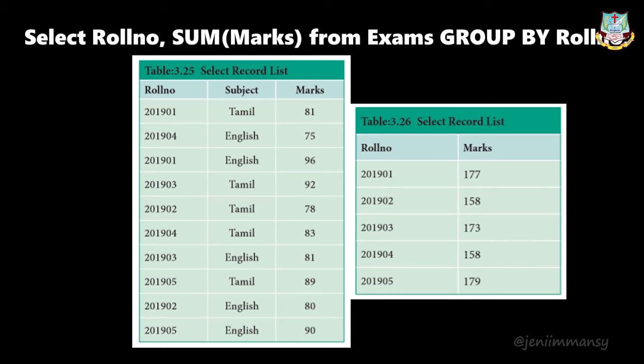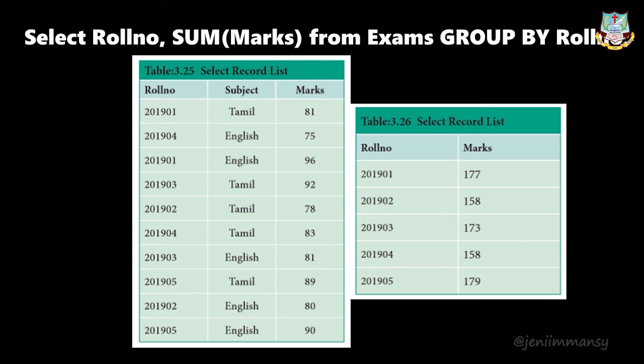That means in the previous record list, if you see, for 201901, Tamil mark is given as 81, right? Then 201904 mark is there, and then again 201901 English mark is given as 96, right? So we have to add both these marks, and we have to display it for this 201901.